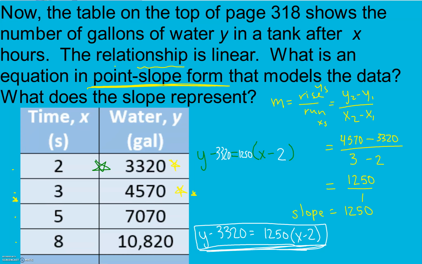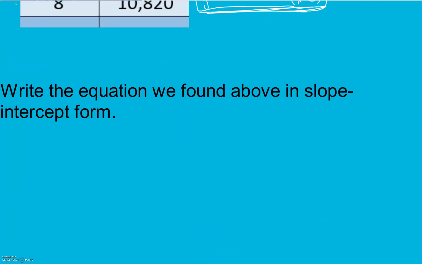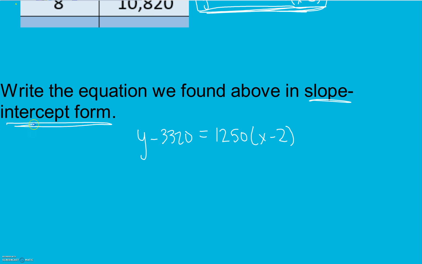Now, on the bottom it says, write the equation we found above in slope-intercept form. So we had y minus 3320 equals 1,250 times x minus 2. To put it in slope-intercept form, guys, that means it's y equals mx plus b. So the big kicker here is that we need to solve for y. First step is to distribute our slope.